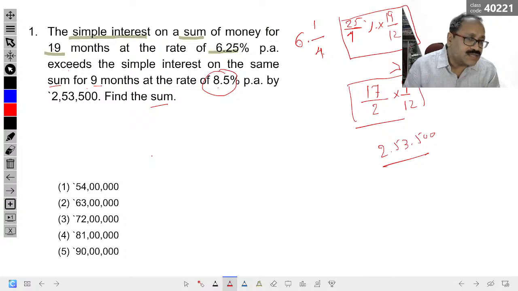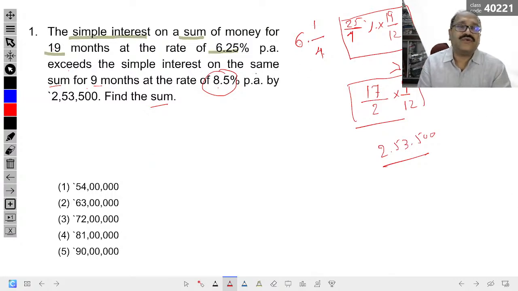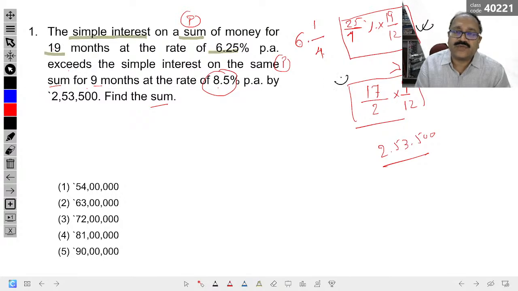Okay. Anyone answer the question? Oh, very good, Anusha answered the question. So how do we do that? I will consider the sum as P. It does not matter, here is P and here is also P. In the first case it is this percentage, whereas in the second case it is this percentage. What I need to find is the difference between these two.